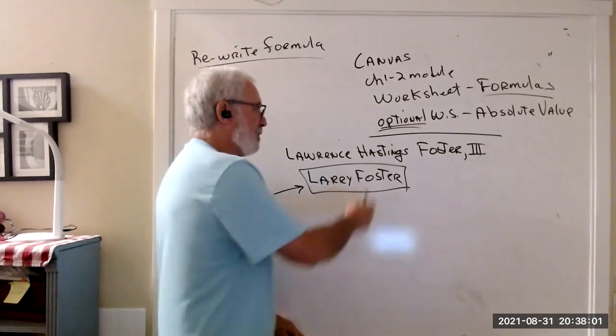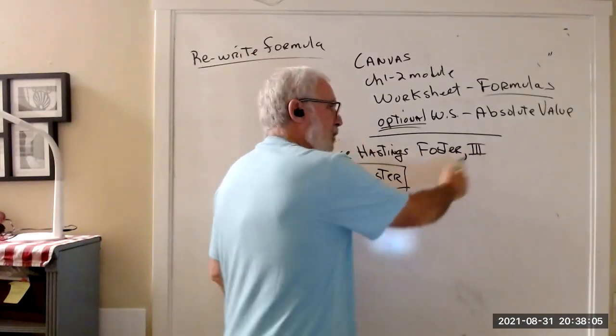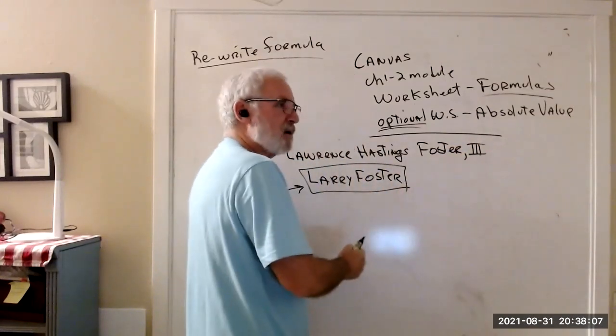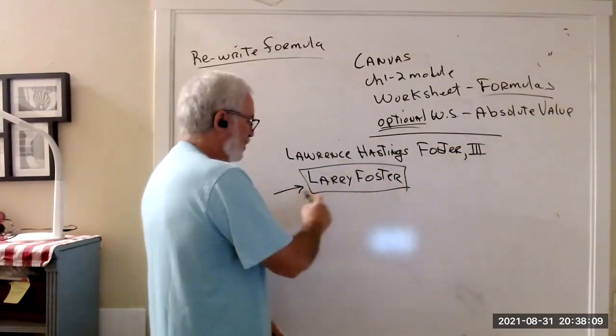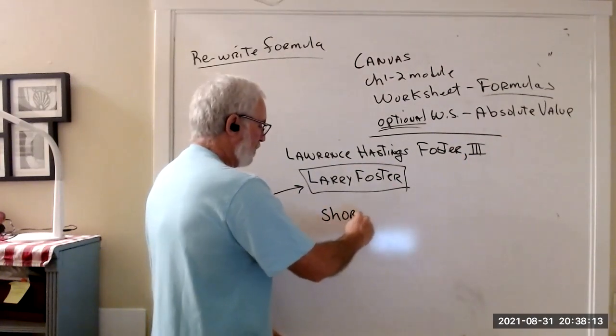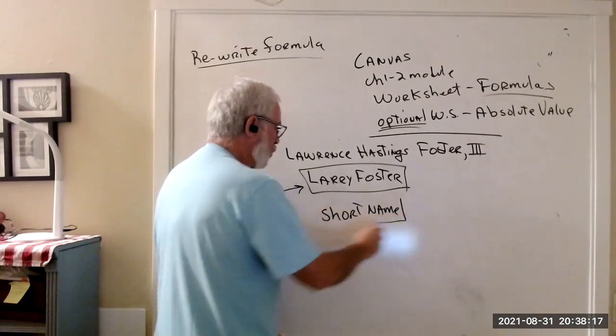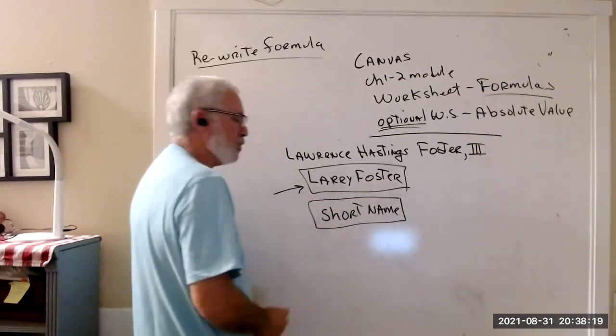So do you want to type your middle name in? Do you want to type Junior or the third or Esquire or something like that? Send me your short name that you won't forget and you won't mistype.